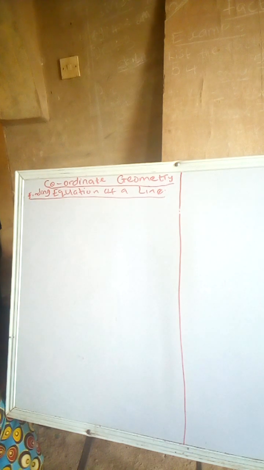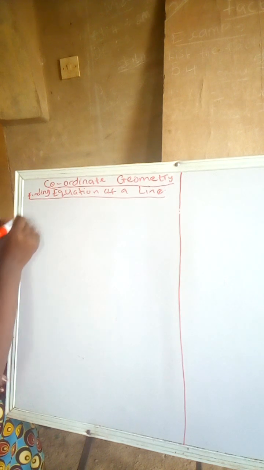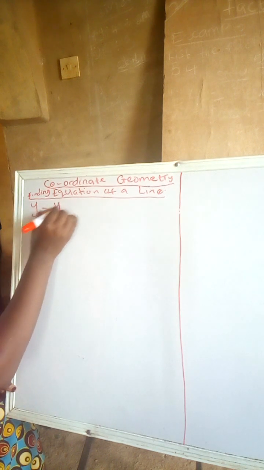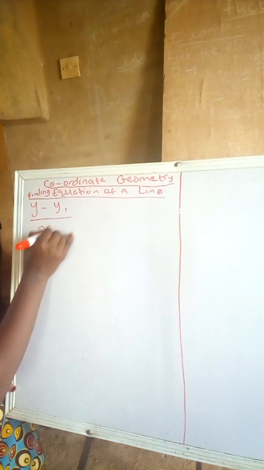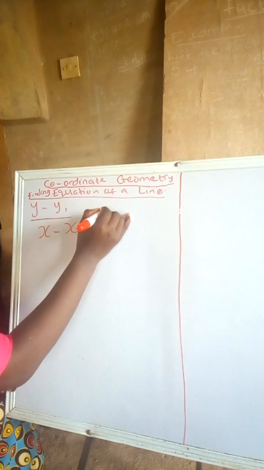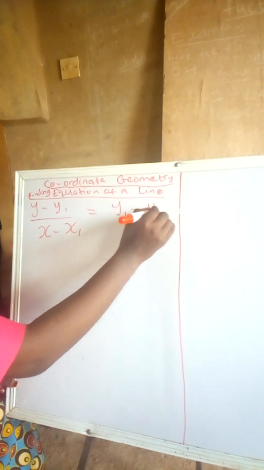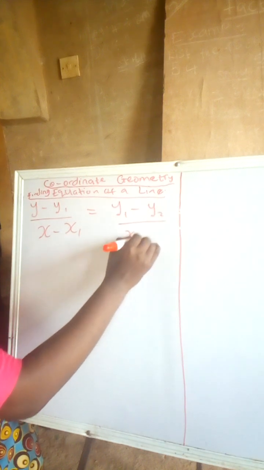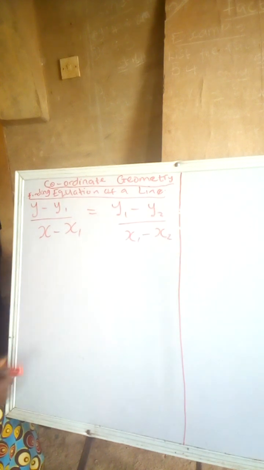When we are given coordinates, there is a formula you are going to use to find your equation, and the formula is (y - y1)/(x - x1) = (y1 - y2)/(x1 - x2).